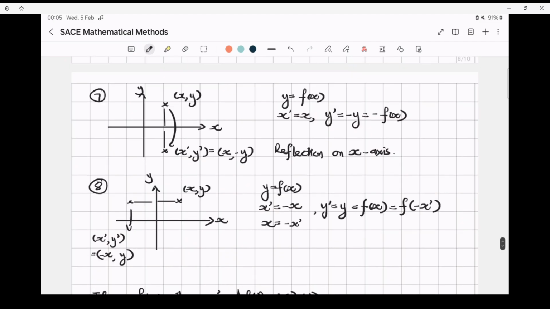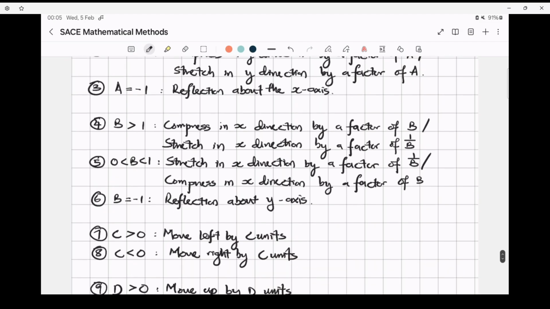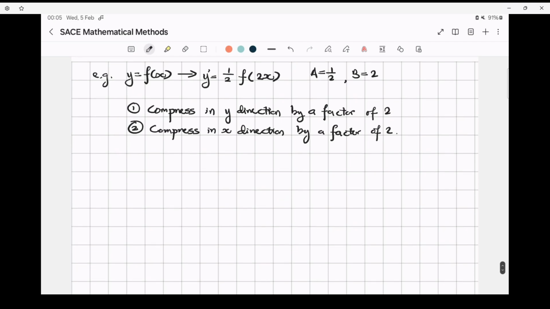The reason why I go through all these cases is because some of the transformations do not actually commute.